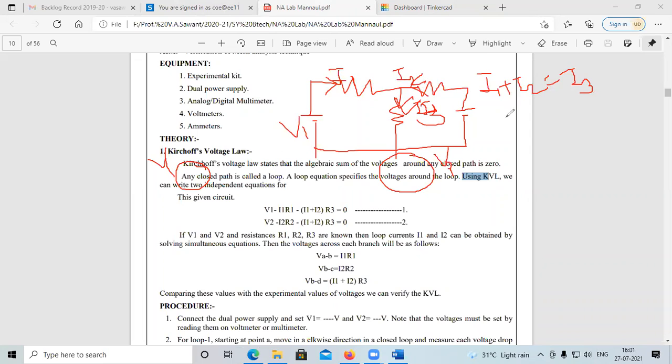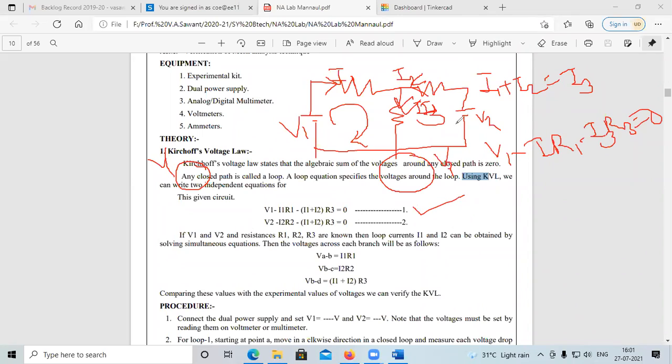Here we have V1 and here V2. If we apply mesh analysis or KVL to this mesh, we get V1 minus I1 into R1 minus I3 into R3 equals 0. Since I3 is I1 plus I2, we substitute it into the first equation.